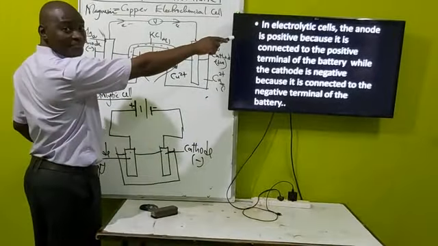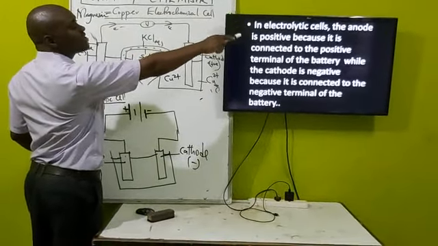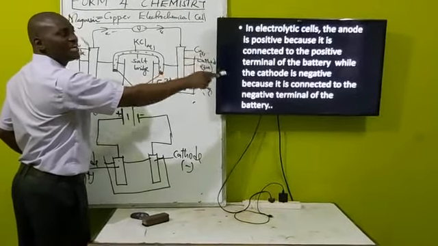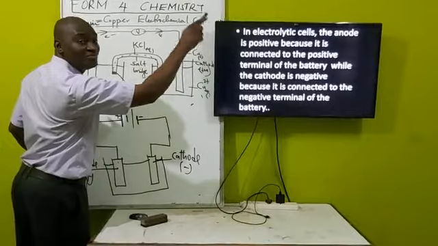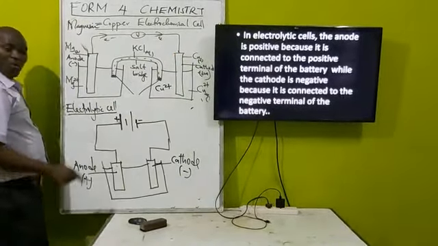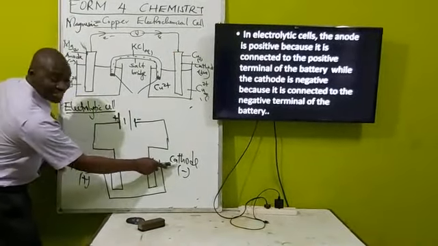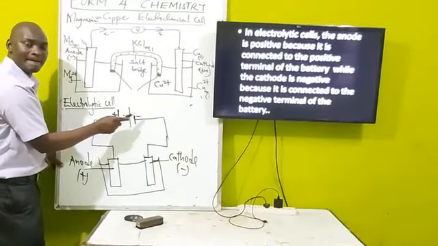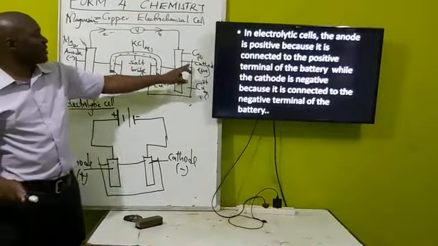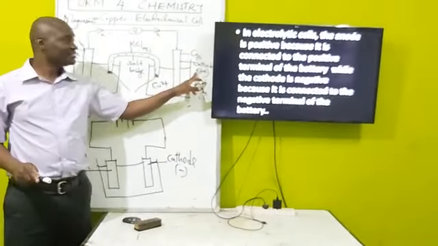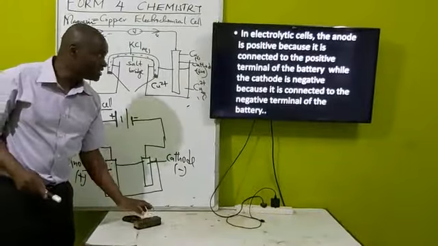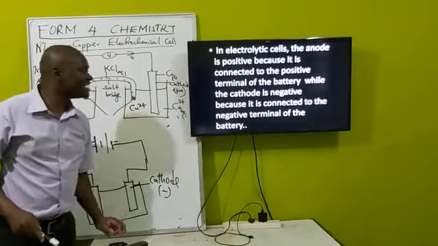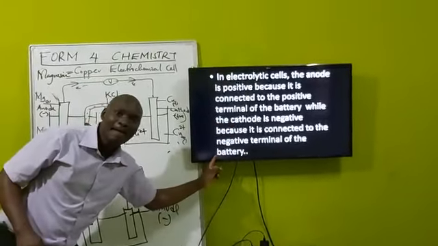That in electrolytic cells, the anode is positive because it is connected to the positive terminal of the battery, while the cathode is negative because it is connected to the negative terminal of the battery. It is the opposite here, where the cathode is positive. So those 2 points are very important. Why is the cathode negative? Because it is connected to the negative terminal of the battery.